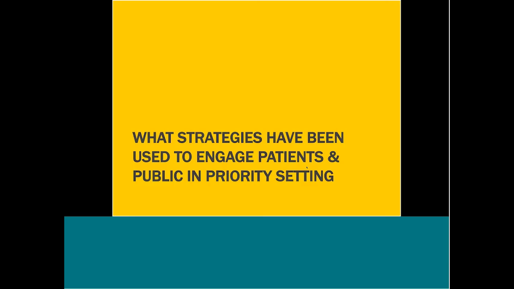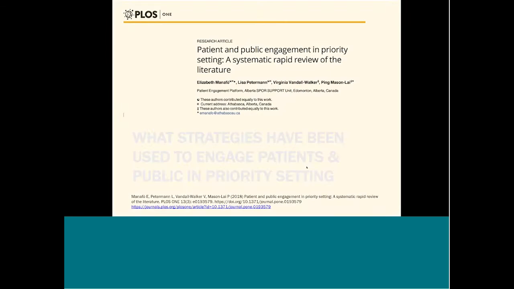So what strategies have been used to engage patients and the public in priority setting? So in determining those questions to ask in research. In 2018, researchers from the Alberta SPOR Support Unit undertook a systematic rapid review of the literature to identify what strategies have been used to engage patients and the public in priority setting.